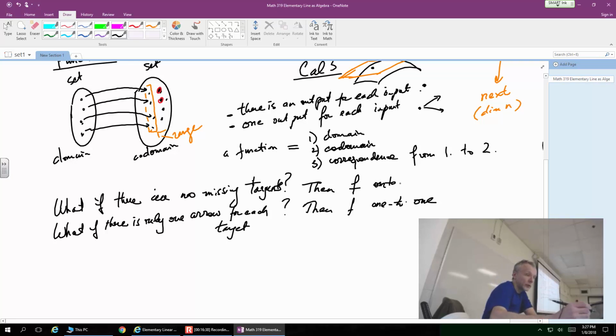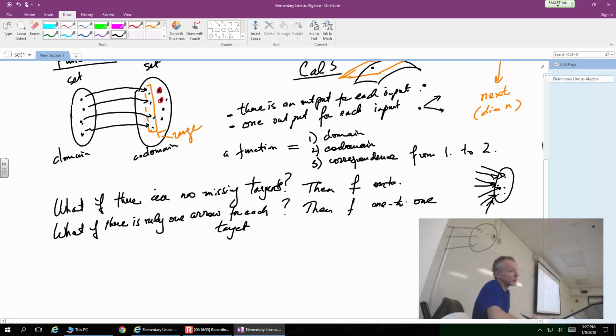Onto means that we do not miss any. So if we have whatever points we have here, we hit every one of them, maybe multiple times, by the way. When it is not multiple times, but only once, then we are talking about 1 to 1. They could still miss some of them, but those that are being hit are hit only once.